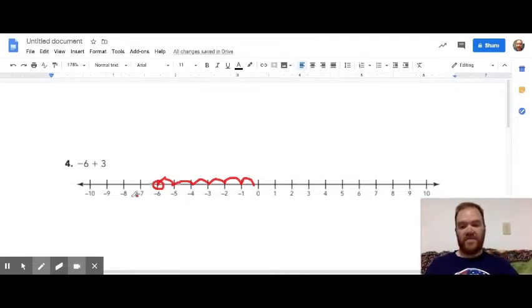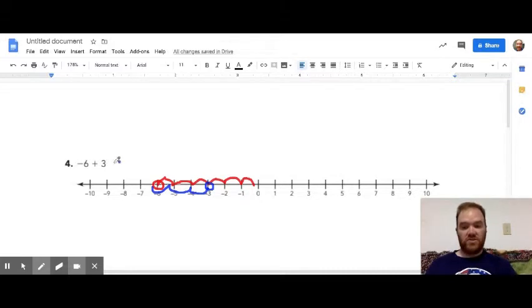Now I'm going to add 3. Whenever we add a positive, we need to go to the right. So from my -6, I'm going to go right 3: 1, 2, 3. I end up at -3.